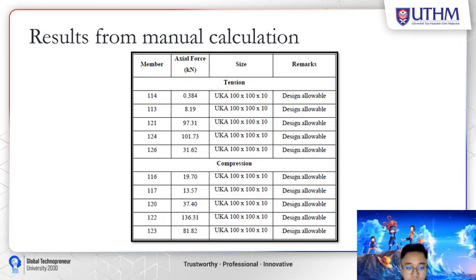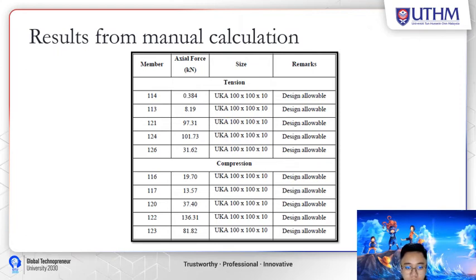After that, the design for tension and compression from manual calculation. Member 114 axial force for tension, we got 0.384, size UKA 100 times 100 times 10, which is allowable.